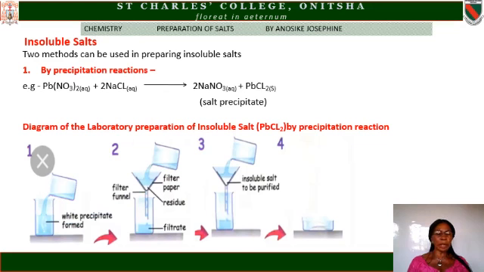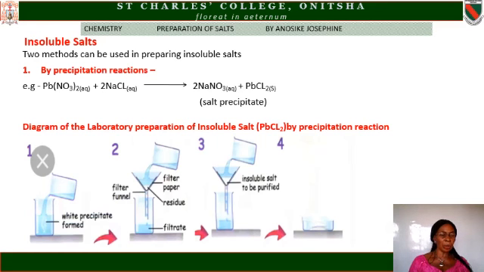If you look at the screen, you now see the diagram. There are 4 stages. In this reaction, 2 soluble salts, lead nitrate and sodium chloride, react by double decomposition to form the precipitate, lead 2 chloride. You pick the first stage. In the first stage, you mix the 2 soluble salts, lead nitrate and sodium chloride.